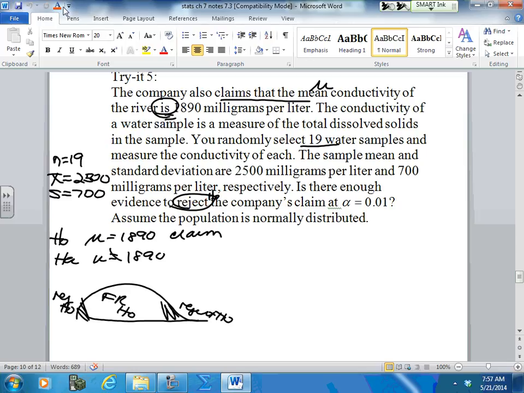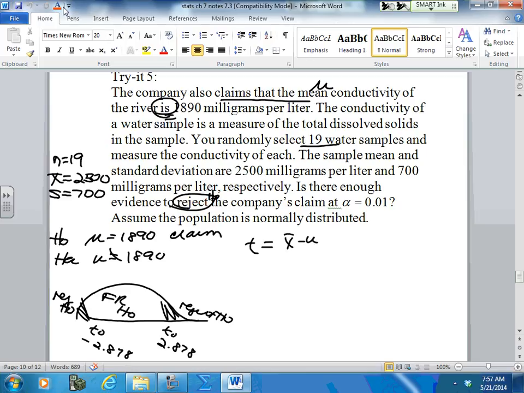So did you find your critical values? Anybody find a critical value? Let's get Cam. Negative 2.878. So negative 2.878 and positive 2.878. Okay, we agree? All right, good so far. Now what? You do the t. We want our test statistic.